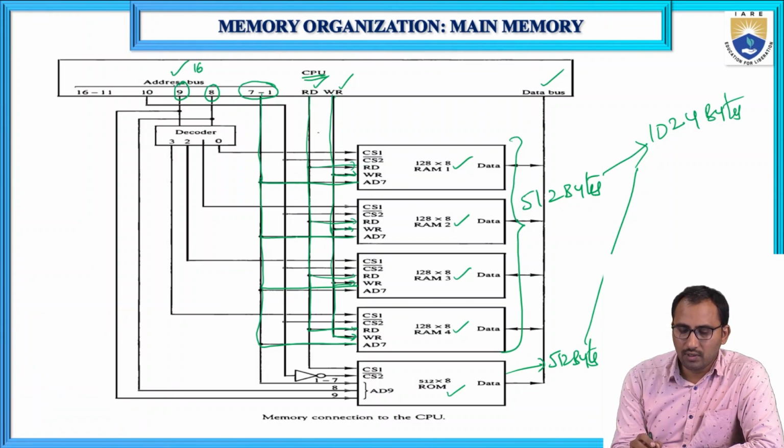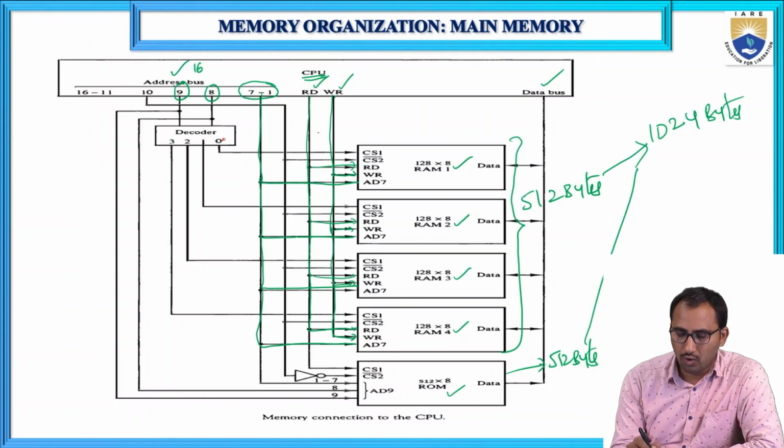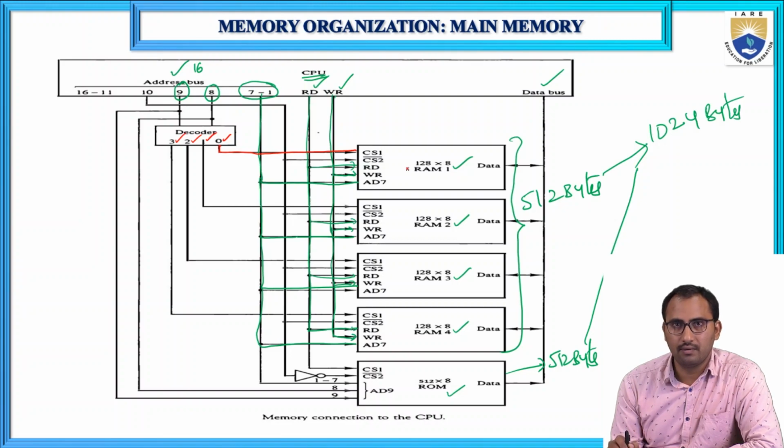Based on 8 and 9, we will select the RAM chip. What is the output of the decoder? We have 4 outputs: output 0, 1, 2, 3, for the 4 RAMs. The 0 output of the decoder we connect to the CS1 of RAM 1.